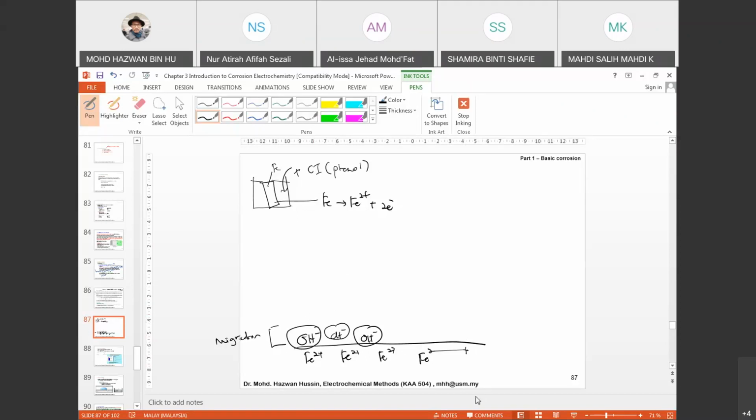Okay. So if you put the corrosion inhibitor inside the electrolyte, imagine that it has electron-rich functionalities.